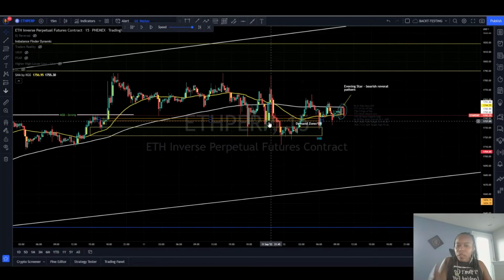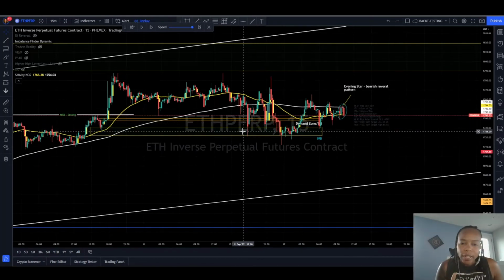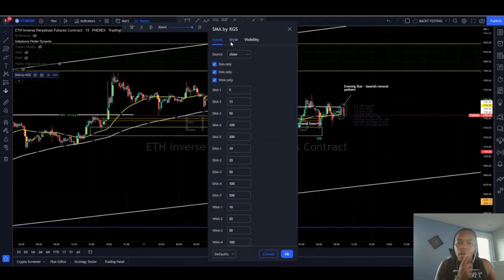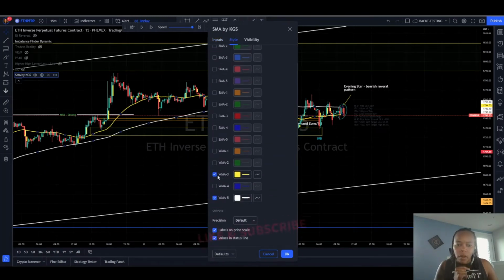Anyway, I'm really enjoying utilizing both this SMA by KGS, and I'll just show you my configs again, with the weighted moving average for 50 and weighted moving average for 200. So definitely, do your own research and check them out and see how they've been working in the past.